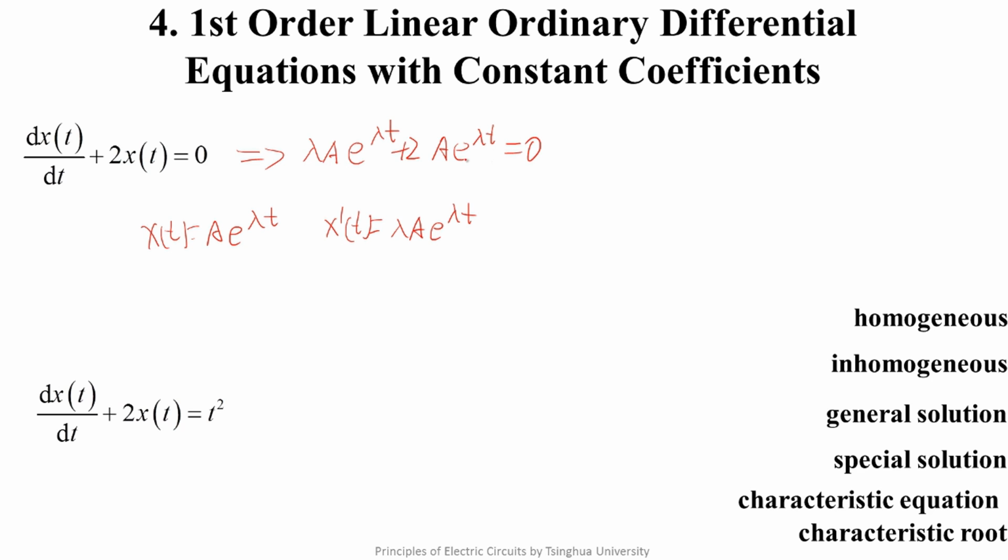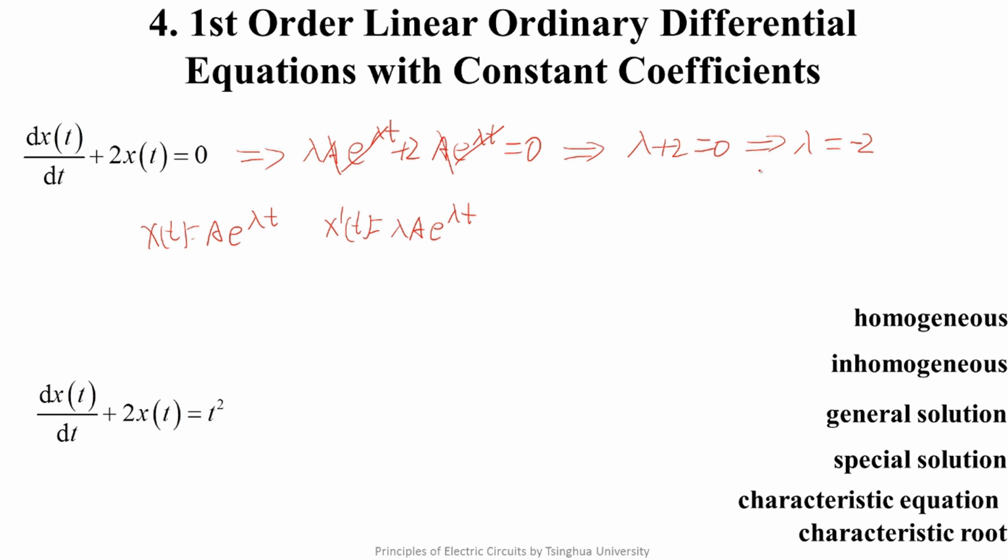We know that e to lambda t is not equal to 0, so it can be cancelled. In general, a is also not equal to 0, so a can also be cancelled. So the equation becomes a linear algebraic equation about lambda. That is, lambda plus 2 is 0. It's easy to get lambda is minus 2.